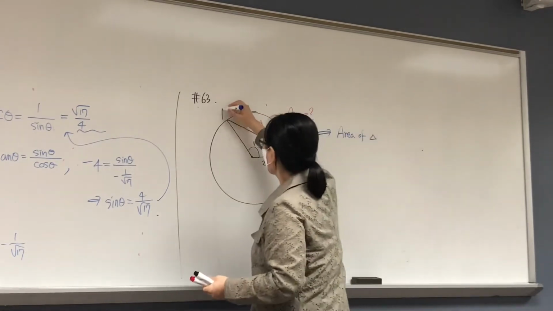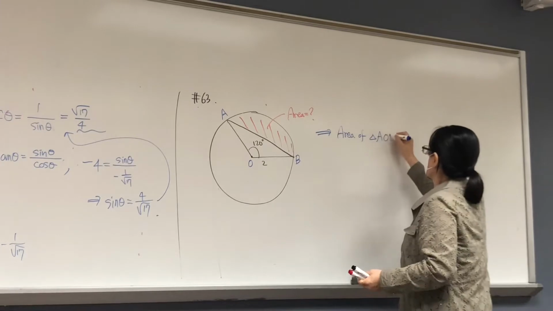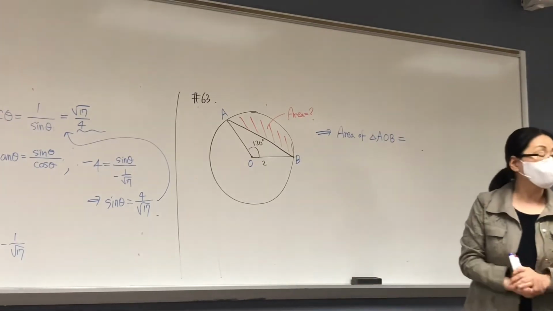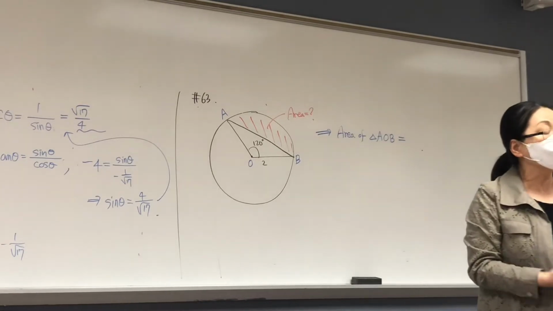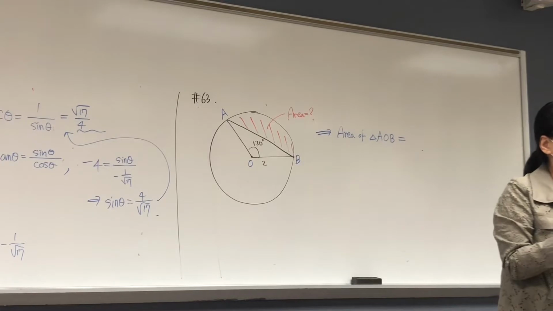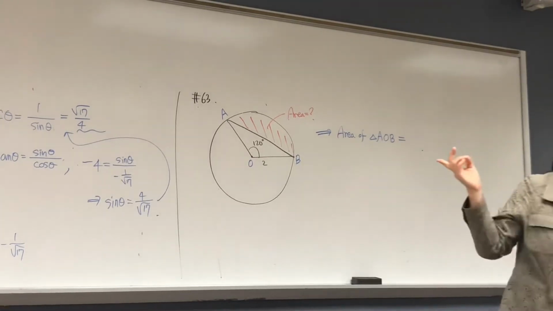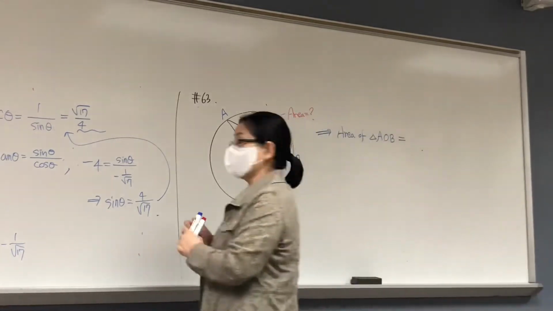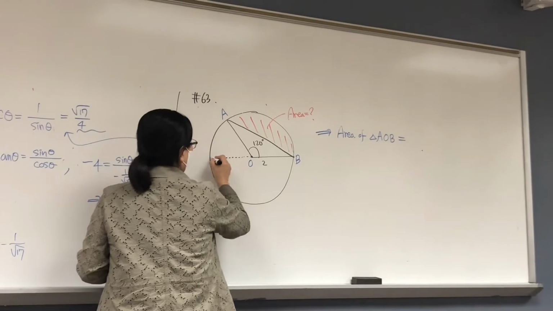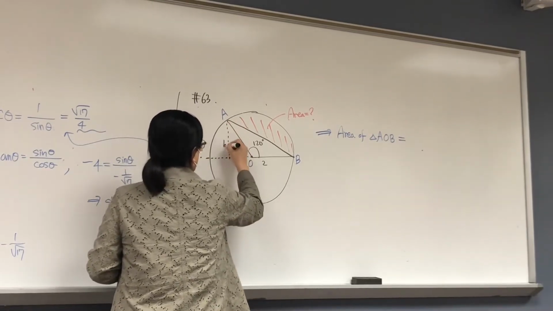Let's say A, O, B. To figure out the area of a triangle, usually what's the formula? 1/2 base multiplied by height, yes? But this one doesn't have a height. You have to make a height. This is your height. Am I right?